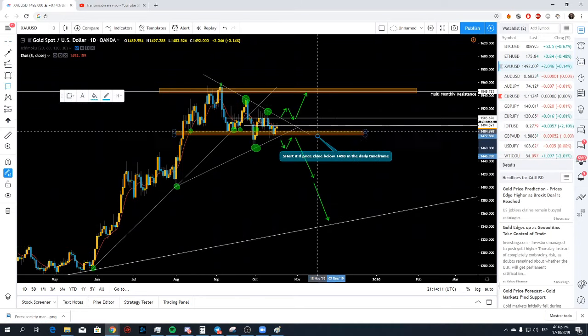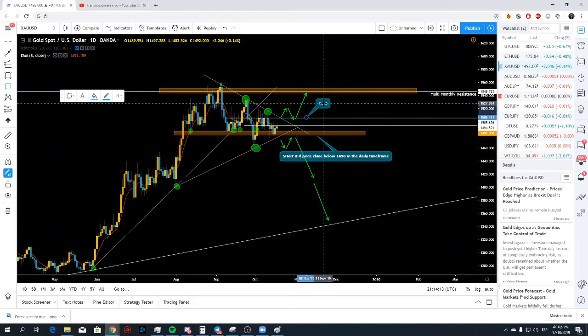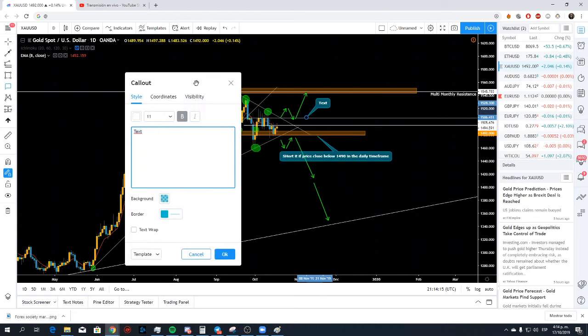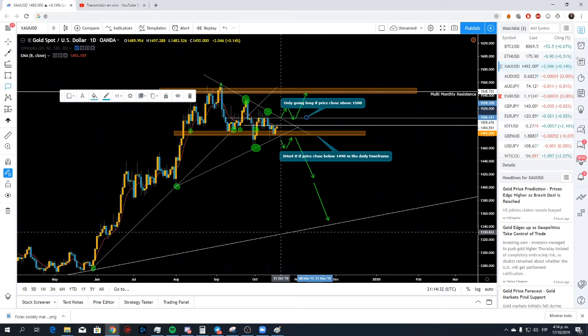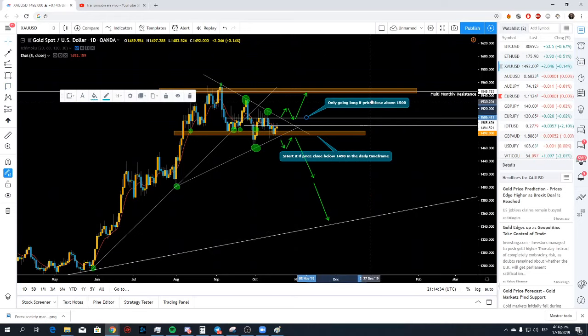And go long only if price closes above, in the daily time frame, 1515. Okay, below this round, above this round number. That's the only way I'm trading gold.